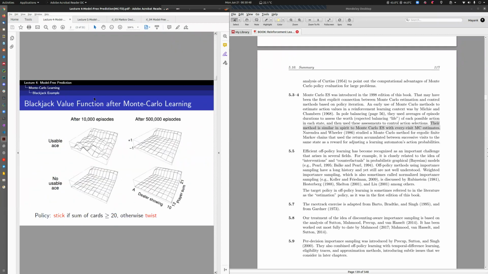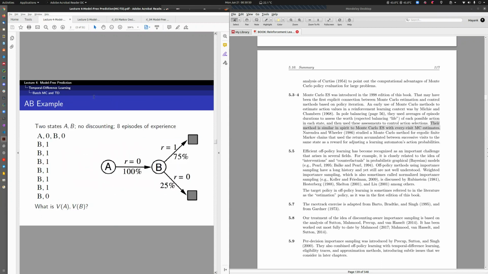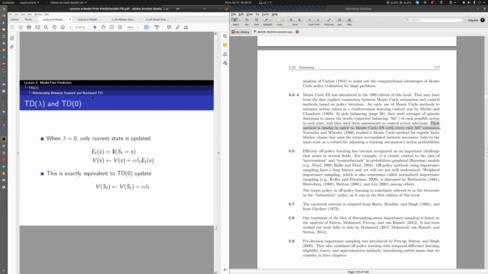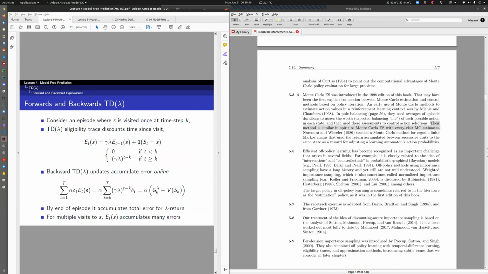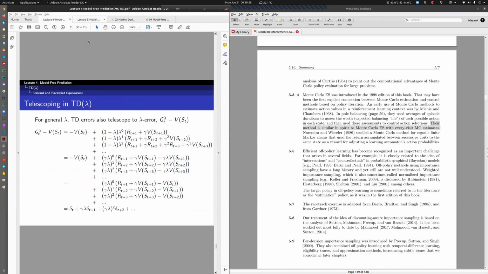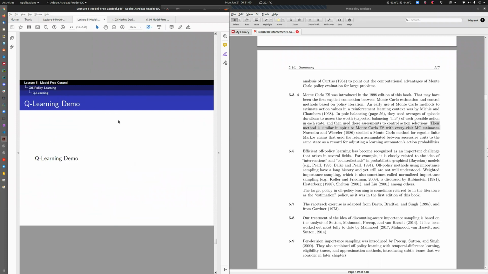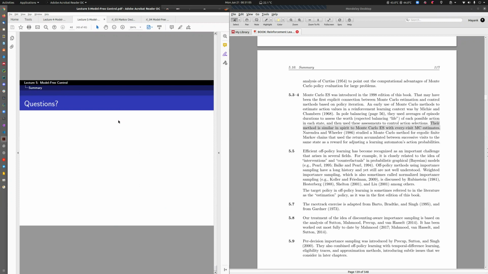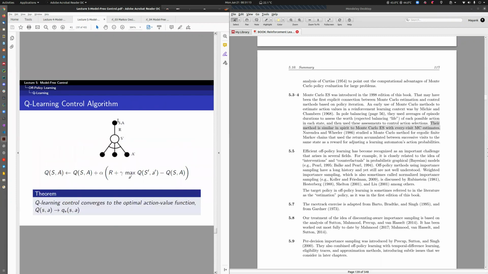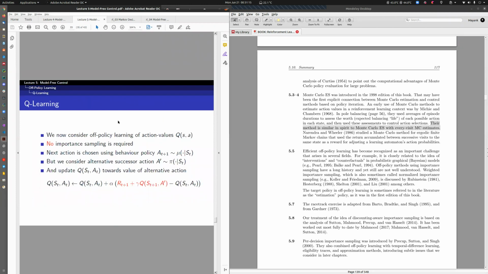It will be much easier when we compare the TD and the Monte Carlo and the DP approaches, and we look at the differences. I will try to present the same example using different approaches.